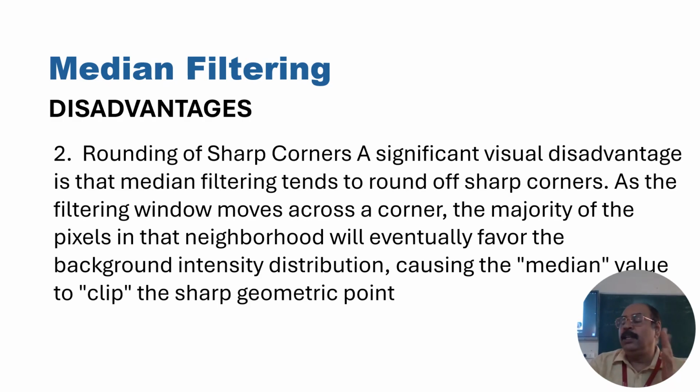So these are the major disadvantages. Disadvantages are always an area where you can improvise. Mathematically, what can you do so that you can avoid the rounding of sharp corners? What is the disadvantage with the median filter? You can study and analyze.